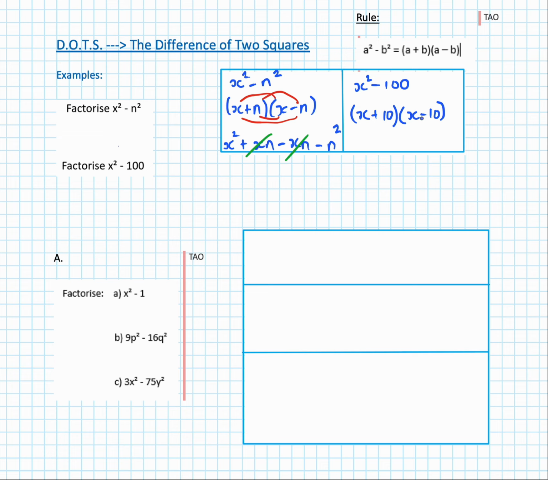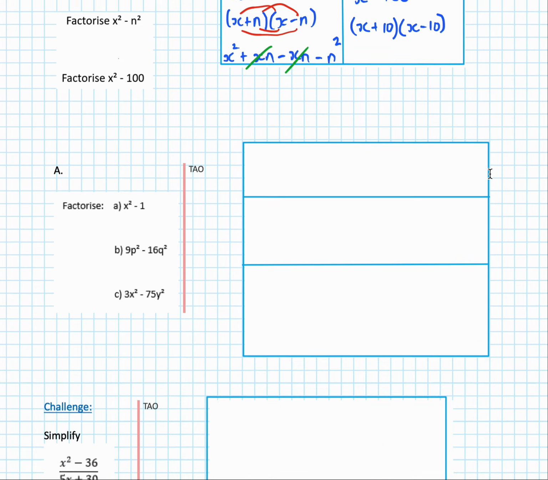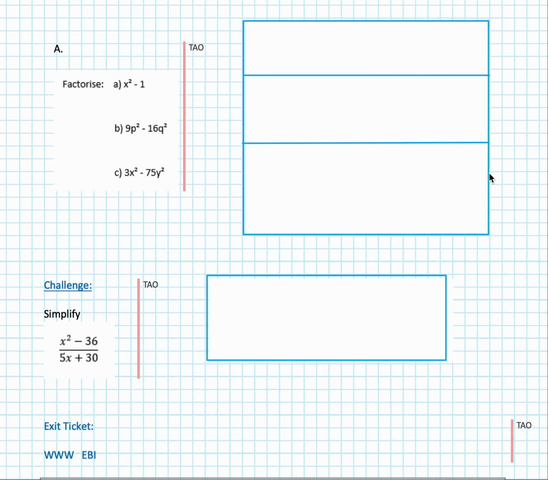You could have the positive or the negative sign in the first or second, it doesn't matter. Okay, and the rule is here as well, just above that box. Let's do a few more. First one, x squared minus 1, not particularly difficult, just looks a little off maybe. I can see how students might just get a little bit confused, but just think it's just the same thing.